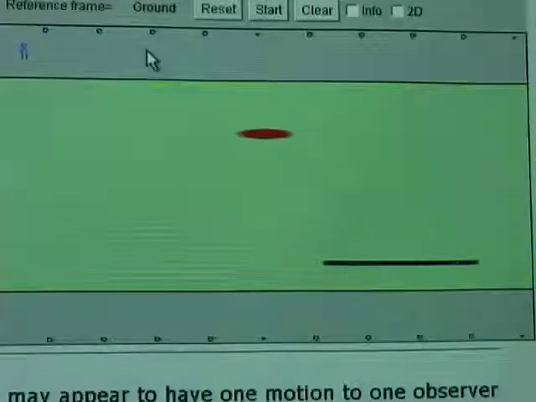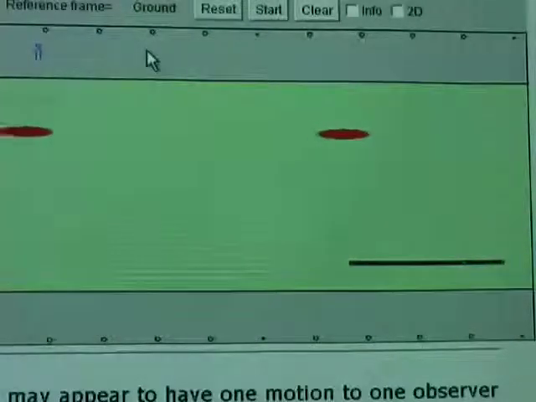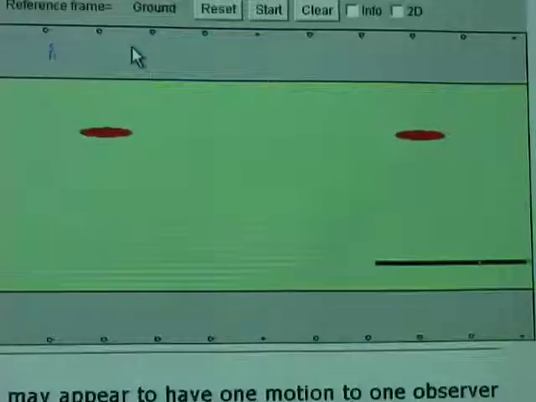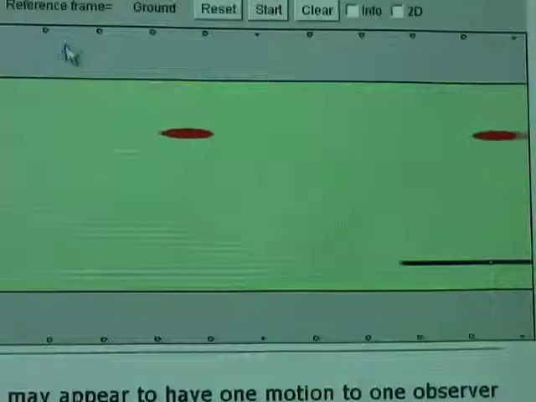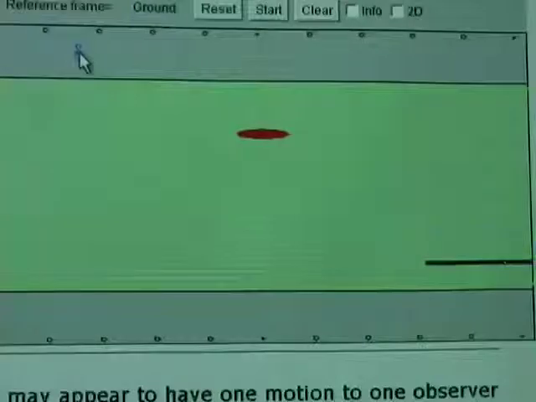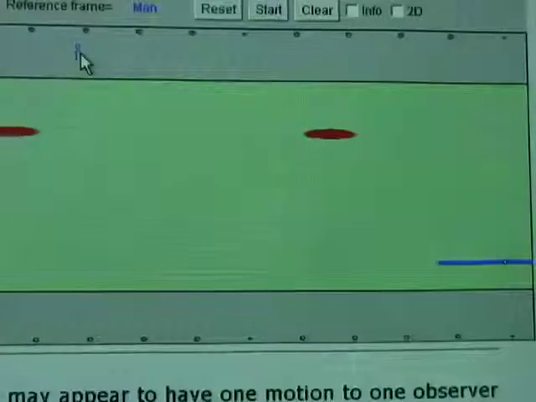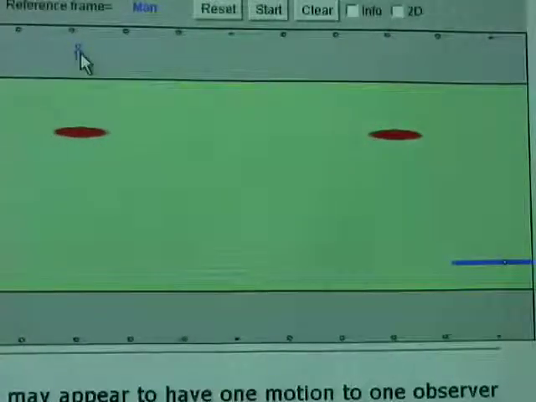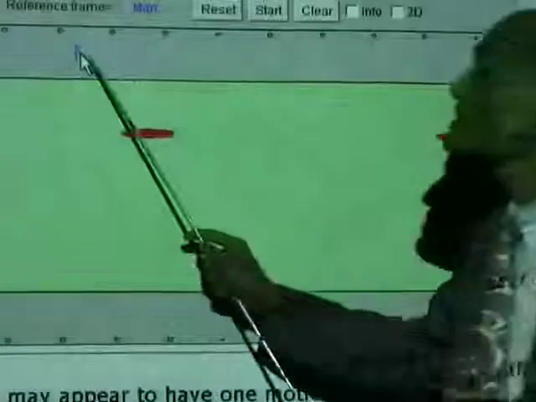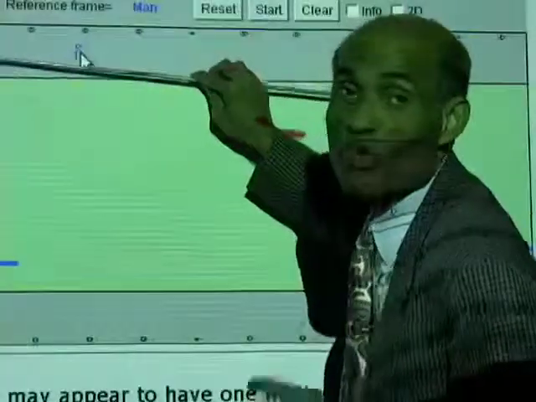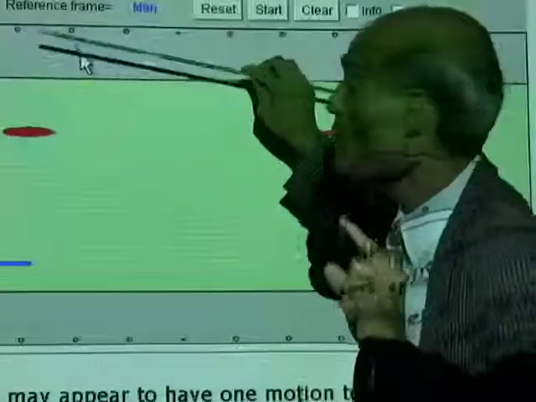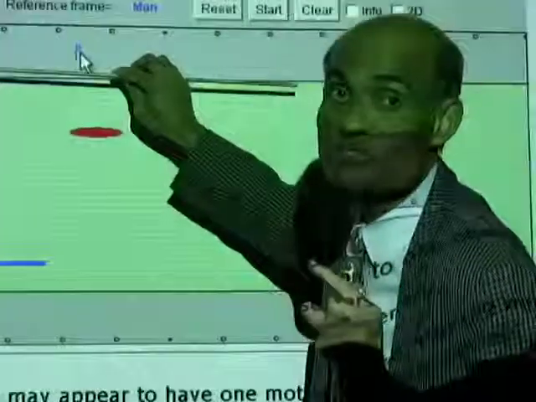And bring him to a stop by applying 1 meter per second in the negative x direction. There, the reference frame now is the man. We brought him to a stop by applying an equal and opposite velocity of his, which is 1 meter per second in the negative x direction.